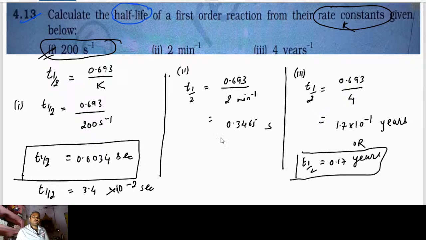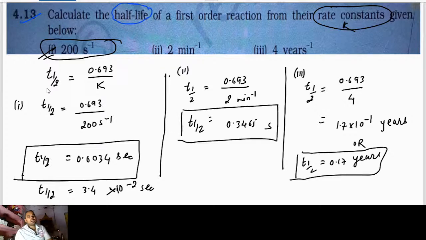So this is very simple, student, where you need to put the values in the expression t half is equal to 0.693 upon k. Let me check the values whether they are correct or not. The first one is 3.46 into 10 power minus 3, because the decimal is shifting 3 digits, so it becomes minus 3.